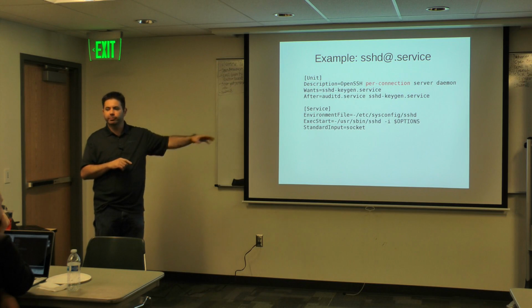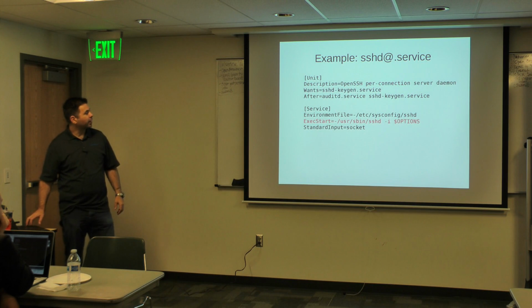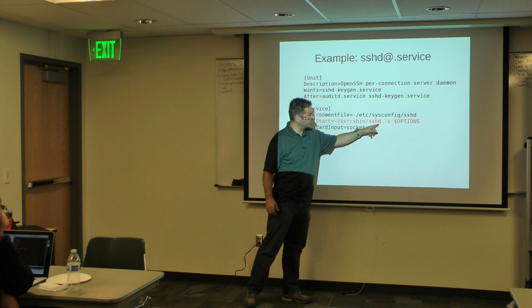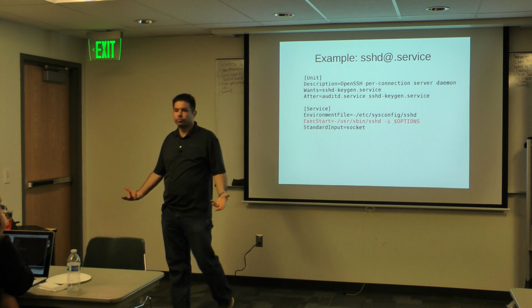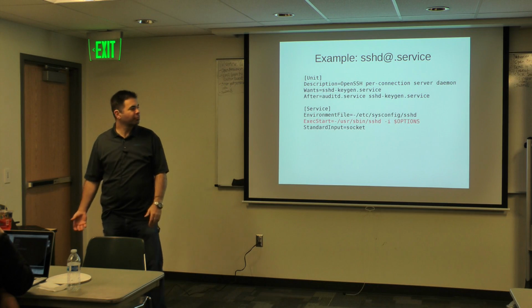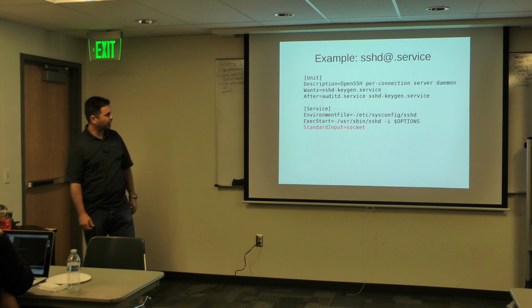We better hand this off to SSHD. And the secret here is down here. If you launch SSHD with the -i, then it assumes it's being run from an inetd, and the standard input is a socket.